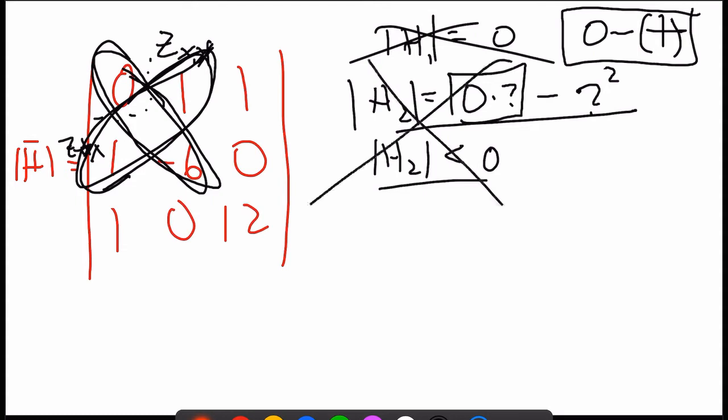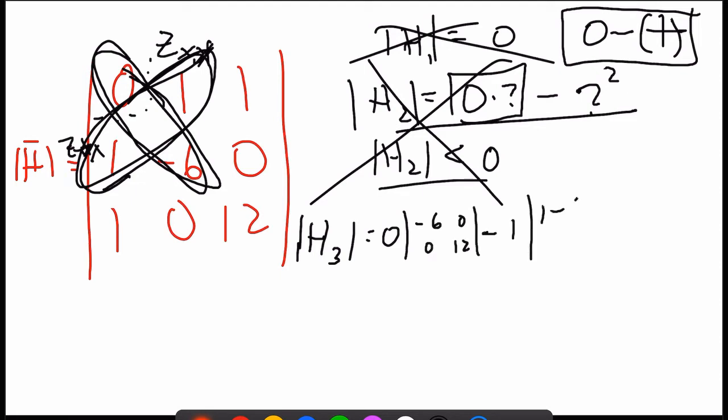So the only thing we need to calculate is the determinant of the whole thing. We have 0 times the minor with minus 6, 12, 0, 0, minus 1 times the minor with 1, minus 6, 1, 0, plus 1 times the minor with 1, 1, 0, 12, plus 1 times the minor with 1, minus 6, 1, 0.